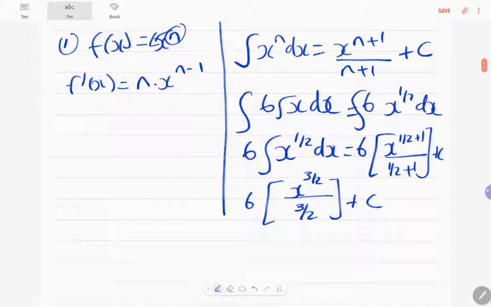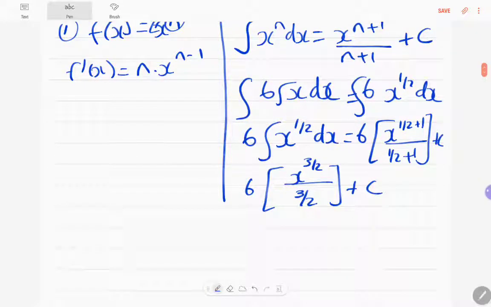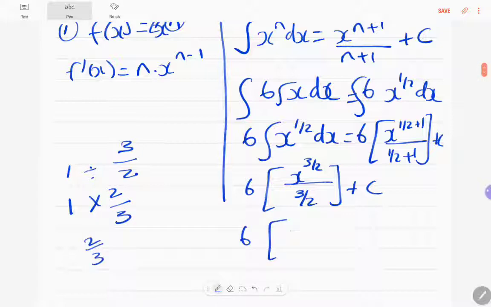Now, how can you simplify this? We can change this division into multiplication. So 1 divided by 3 over 2, we can say 1 multiplied by 2 over 3. So at the end it will be 2 over 3. It will be 6 into 2x to the power 3 over 2 all over 3 plus c.